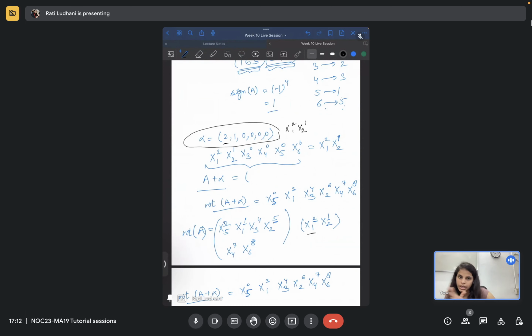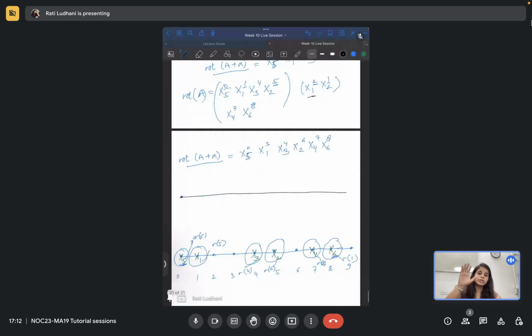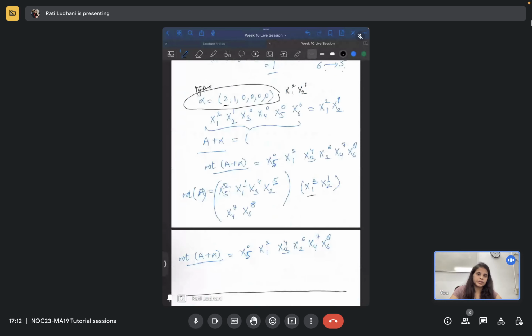So this is x2 1. This is the type, where you take the powers like this, and the rest are just 0, power 0. The weight of A is different because we are looking at the abacus.